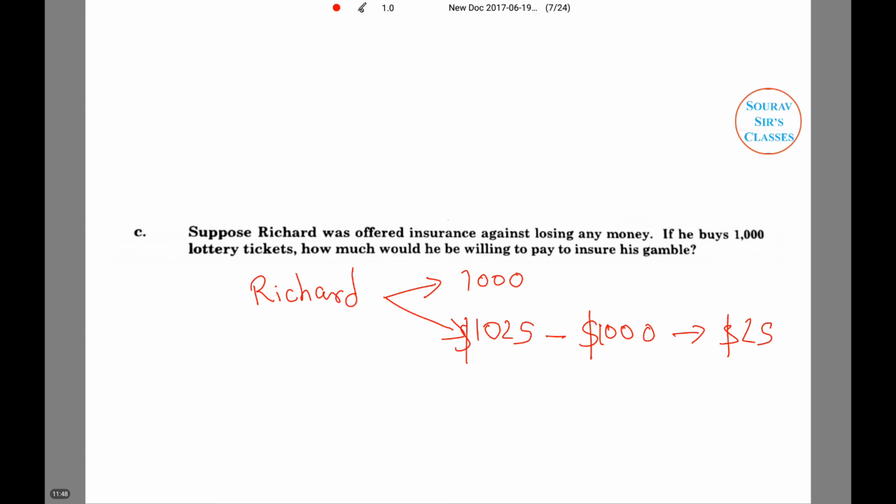Thus, in this case, the expected return of 1025 is greater than the cost, which is only $1000. In this case, he might not buy any insurance, but since Richard is risk averse, as stated previously, he might still want to buy insurance.